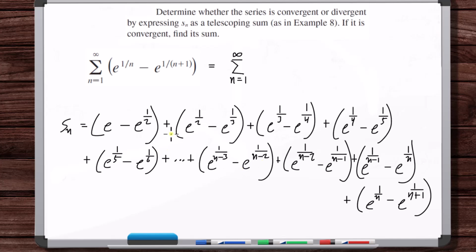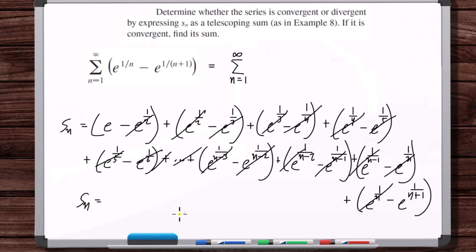Yeah, okay, so these cancel, so this is a simpler one. We didn't necessarily need to write out all these terms. We can see these are going to cancel, these are going to cancel, and this would cancel with the one before it. And so S sub n is equal to e minus e to the 1 over n plus 1.